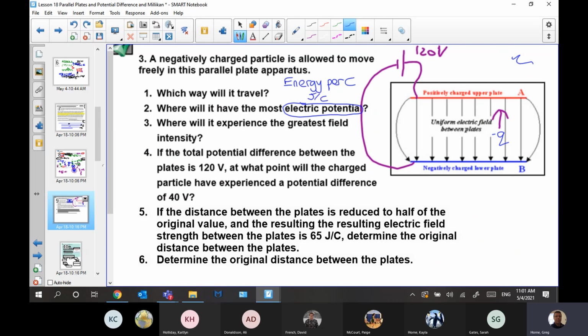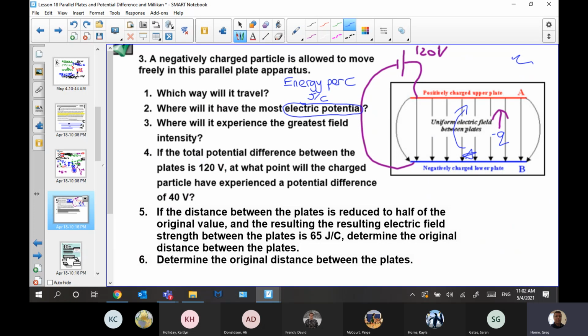So where does it have the most energy per coulomb? Well, it's going to have the most energy per coulomb at this spot right here. Why? Because that's where it has the energy that we know is going to be released to kinetic energy, right?